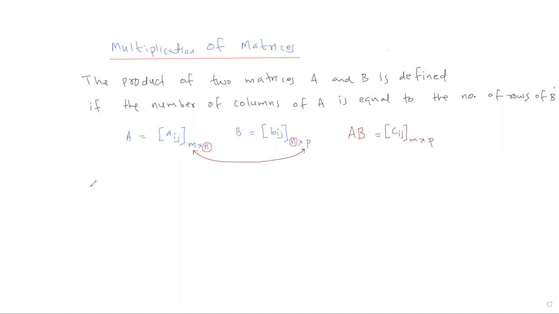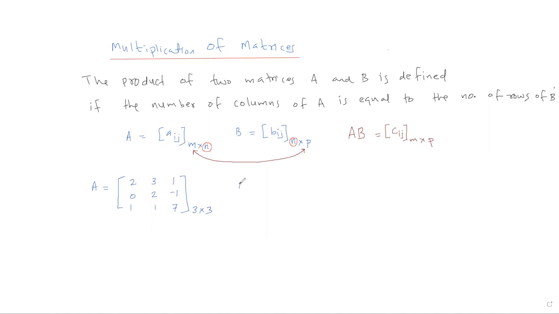So you can take any matrix, say A: 2, 3, 1, 0, 2, minus 1, 1, 1, 7. So this is a 3 by 3 matrix.